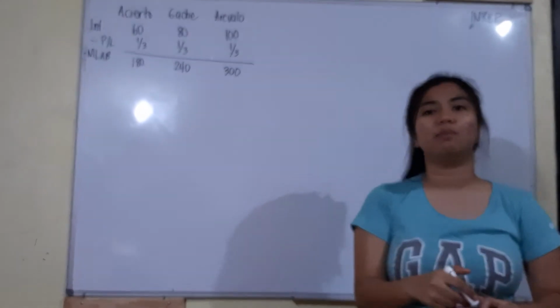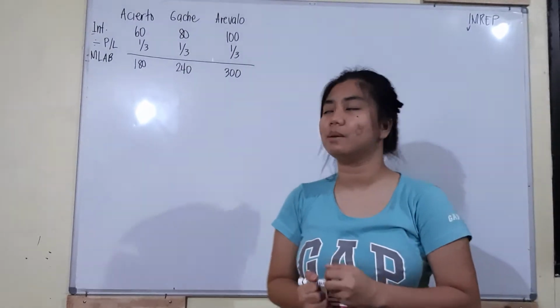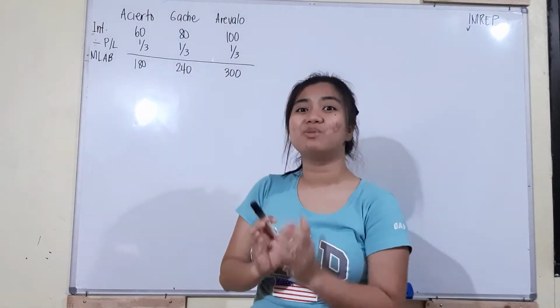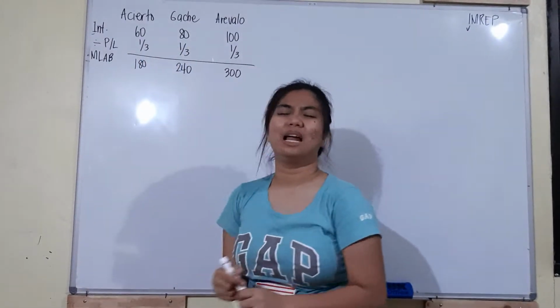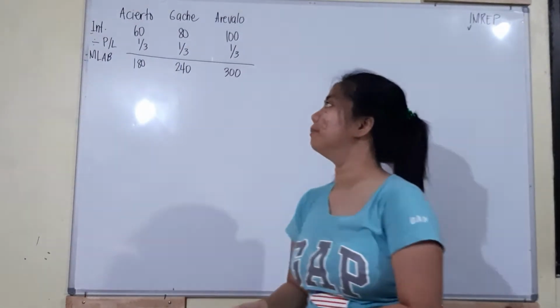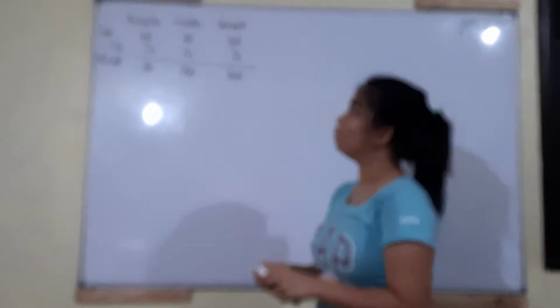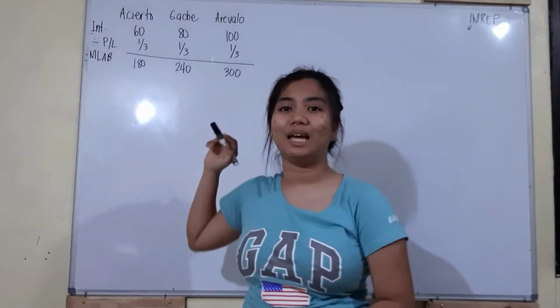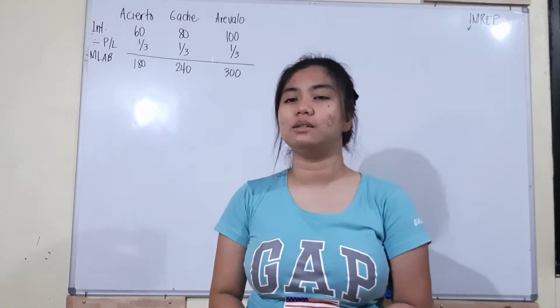Anong ibig sabihin ng maximum loss absorption balance? Ibig sabihin, ito yung maximum na loss na kaya lang i-absorb ng kanilang capital. Katulad ng halimbawa nito, no? Ibig sabihin nito na si Asherto ay mayroong maximum loss absorption balance na 180. Ibig sabihin nun, kung ang loss ay 180 lang, wala siyang magiging loss, magiging zero lang siya.